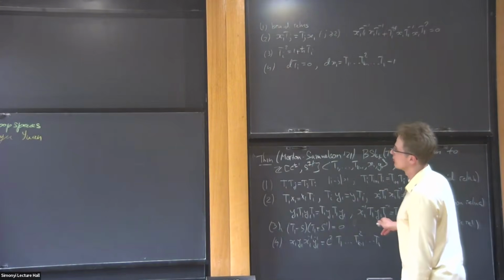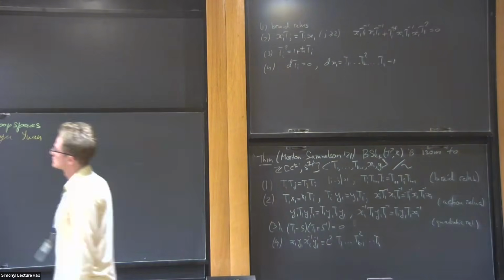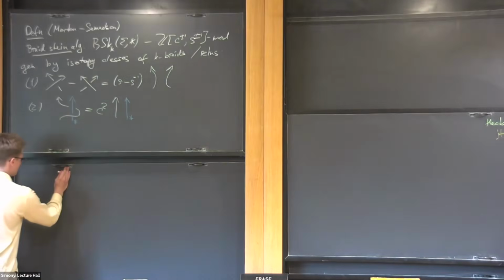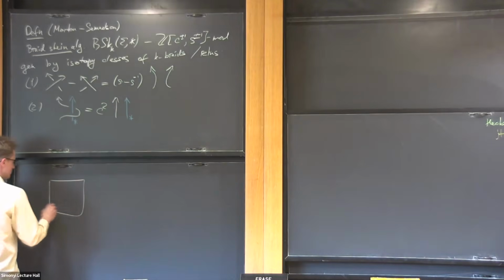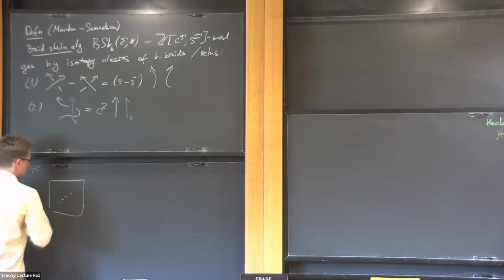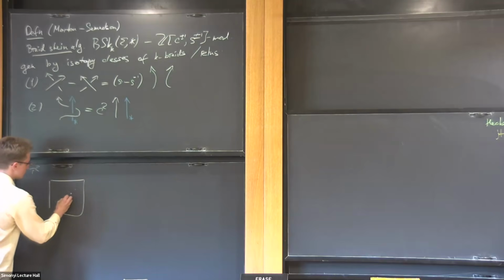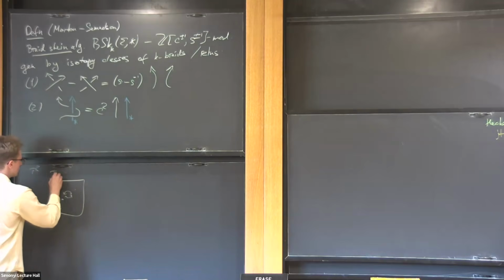So maybe pictorially, these generators look like this. This is our torus. Maybe you have k points here. Each generator Ti is just the standard generator in the braid group.